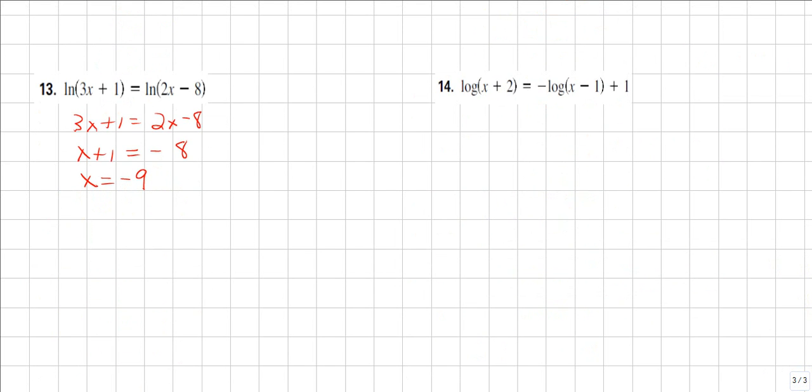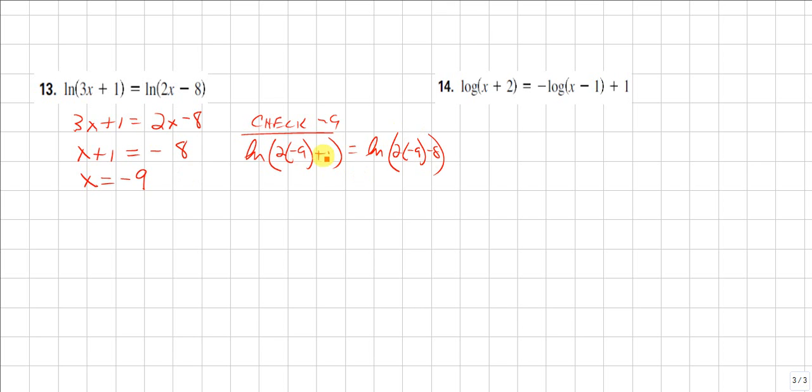So let's look down here, and what we can see is if we check this, then I'm going to have the natural base logarithm of 2 times a negative 9 plus 1 is equal to 2 times a negative 9 minus 8.